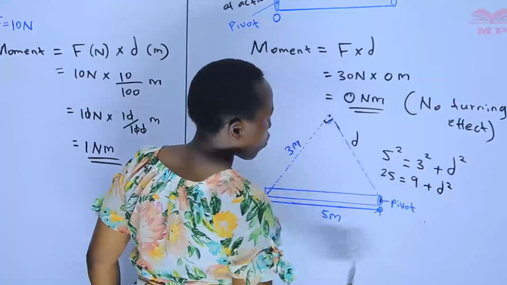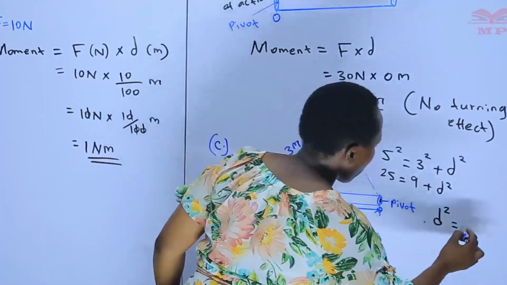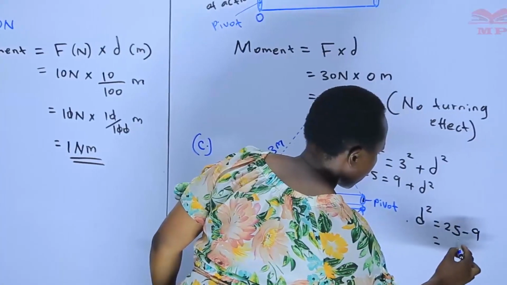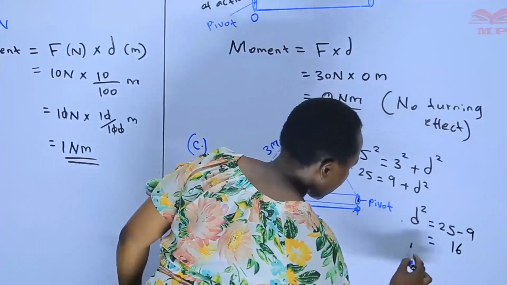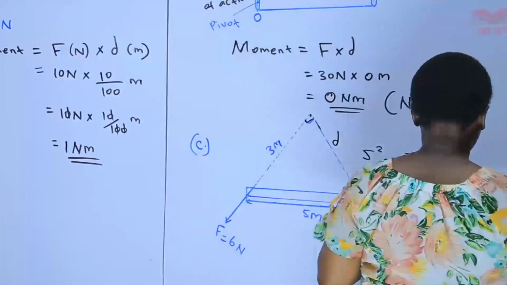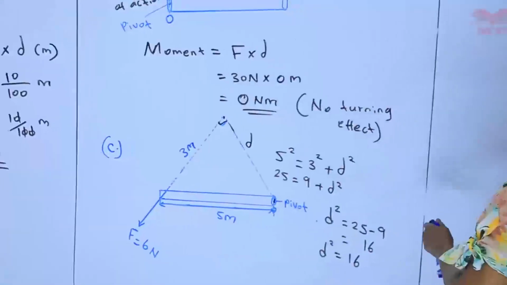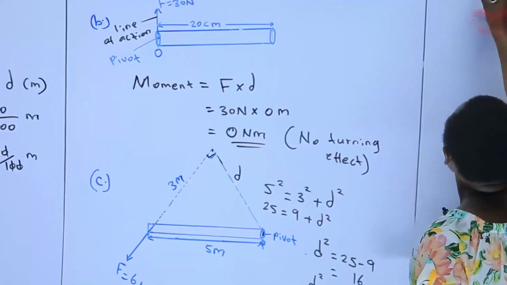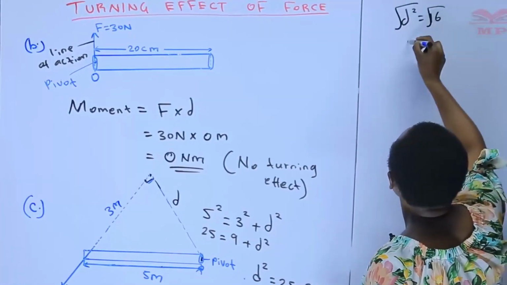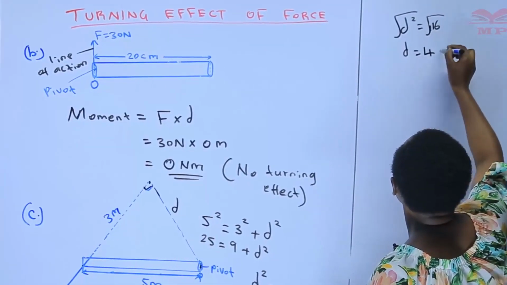When we make D squared the subject, D squared will be equal to 25 minus 9, which is 16. We find the square root on both sides. So D will be equal to the square root of 16, which is 4.